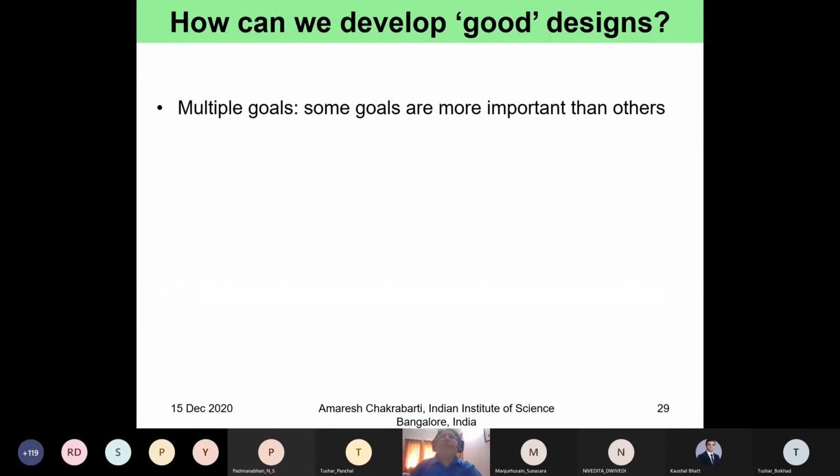Designs are developed, and I don't have time to go through examples, otherwise I would have talked about examples from architecture, examples from art, and examples from engineering to show you how everything that you see around yourself is trying to satisfy not one goal, but many goals.